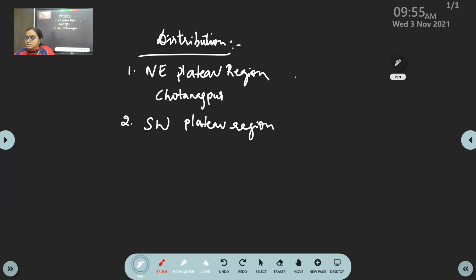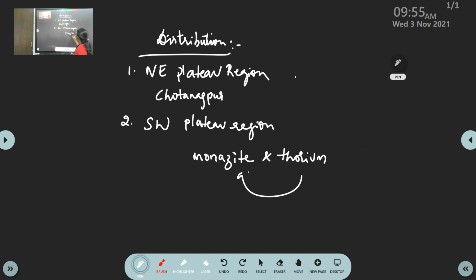Kerala has deposits of monazite. Very important. And thorium. Thorium is derived from monazite sand.